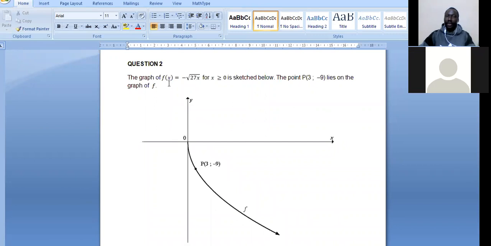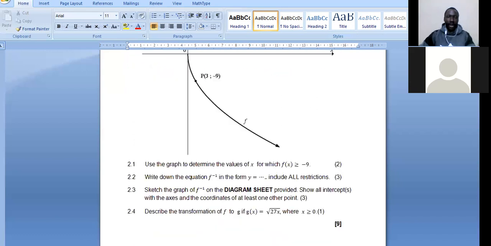The function is f of x equals negative of square root of 27x, and it's for values of x starting from more than 0, okay? That is 0 onwards.